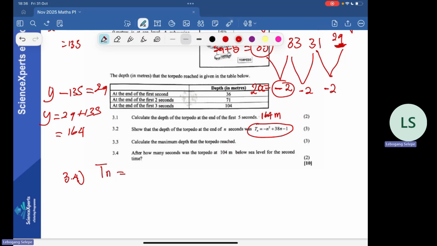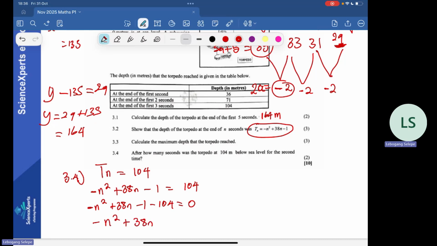is equal to 104. So negative n squared plus 38n minus 1 equals 104. Let's solve for n then. Transpose everything to the left-hand side. I'm going to have negative n squared plus 38n minus 1 minus 104 equals 0. So I'm going to have negative n squared plus 38n minus 105 equals 0. Use your quadratic formula.